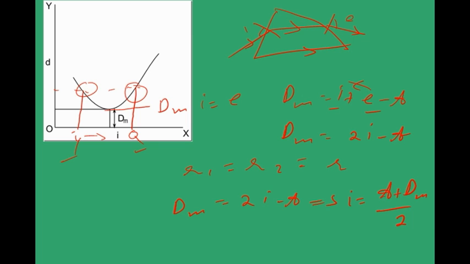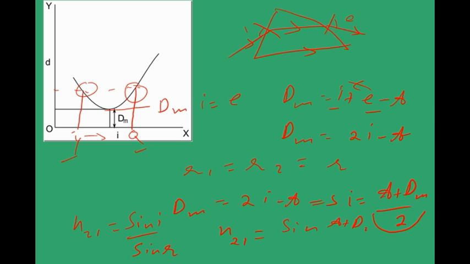And if the refractive index of glass is say n21, that is given by Snell's law, right? Sine of angle of incidence by sine of angle of refraction. So n21 I can measure experimentally. Sine of angle of incidence is what? (A plus Dm) by 2 from this equation.